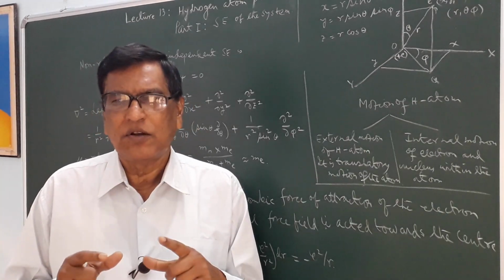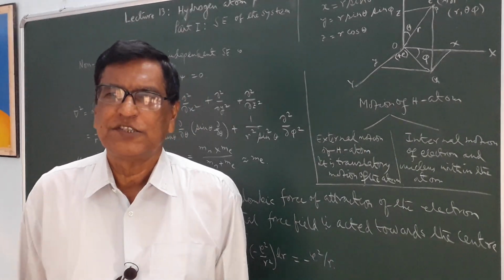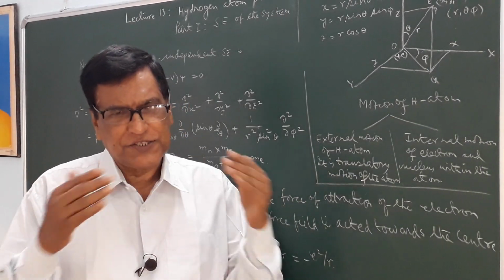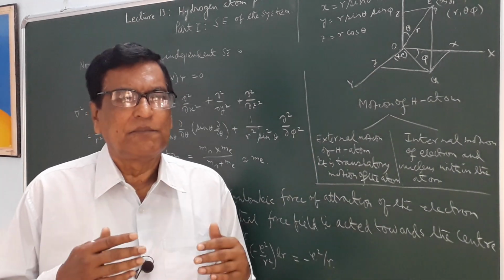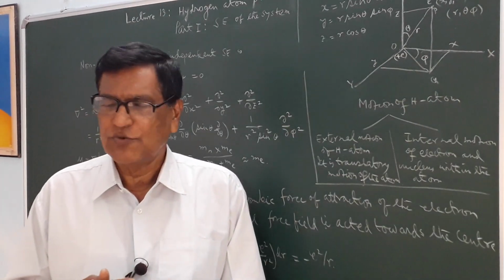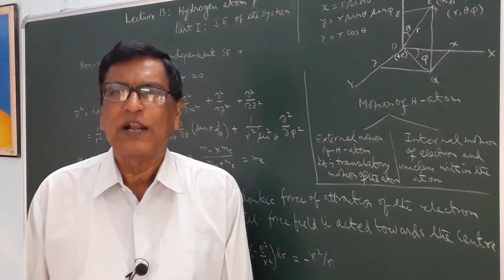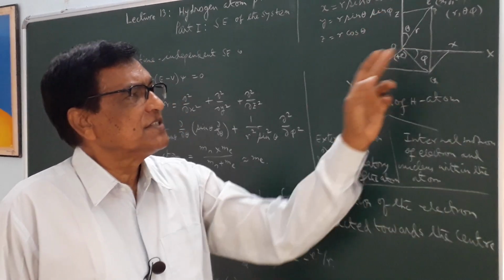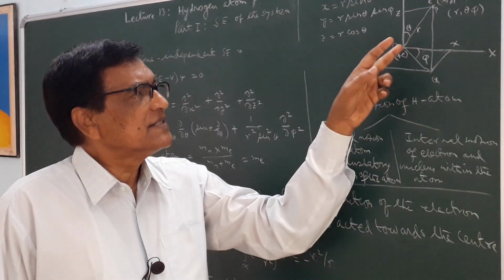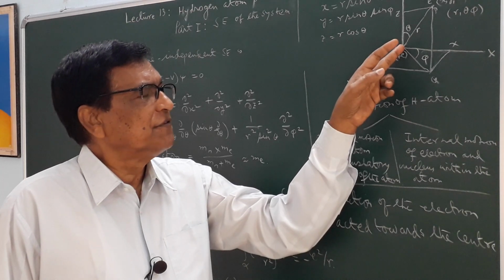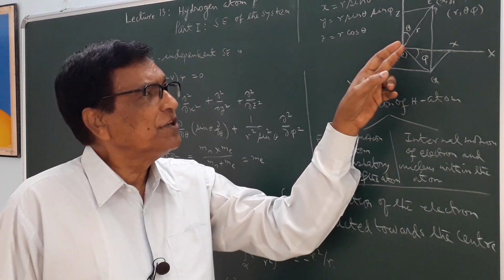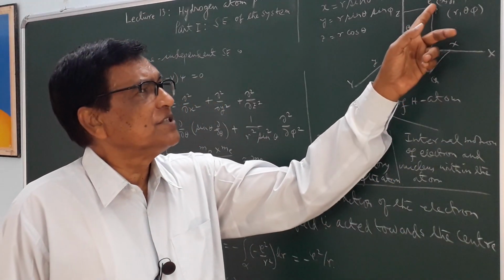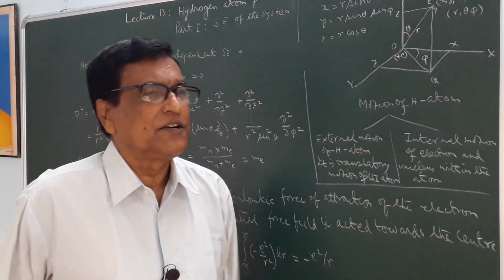The location or the position of the electron within the hydrogen atom is described either by Cartesian coordinates x, y, z or by polar coordinates r, theta, phi. Here in this coordinate system, the nucleus is assumed to be fixed at the origin, and suppose this is the position of the electron at any instant of time.